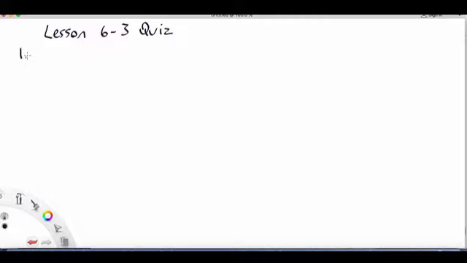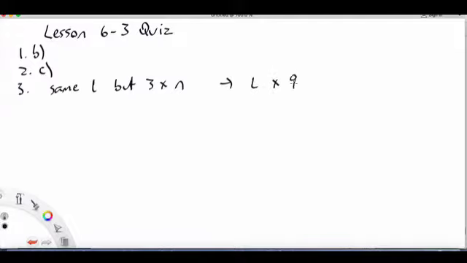So the inductor acts to maintain the current, so that is a B. And then we have number 2, the inductor stores its maximum amount of energy once the current is at a maximum, and that is C. And then for number 3, we've got the same length, but we've got 3 times the number of turns per unit length, and that means the inductance is 9 times, so that is E.